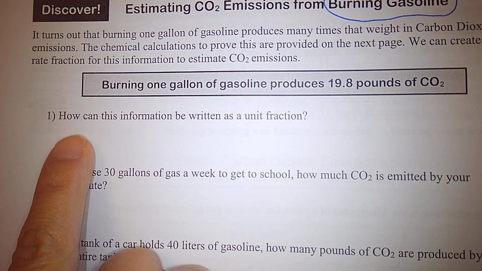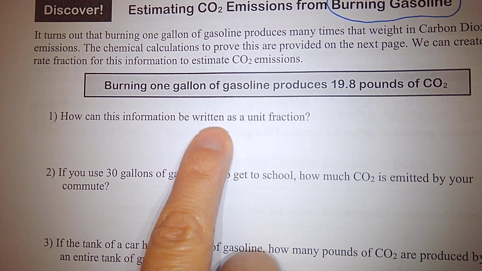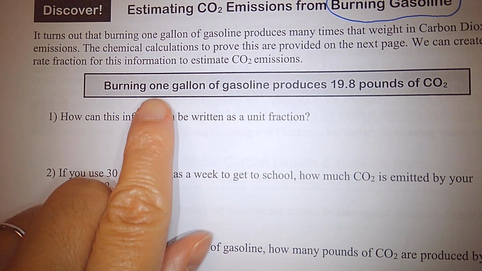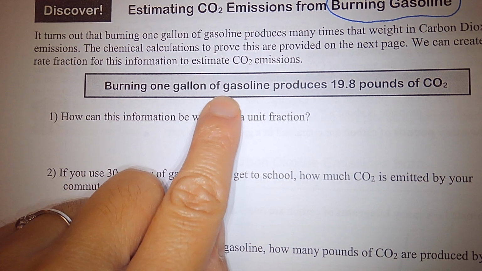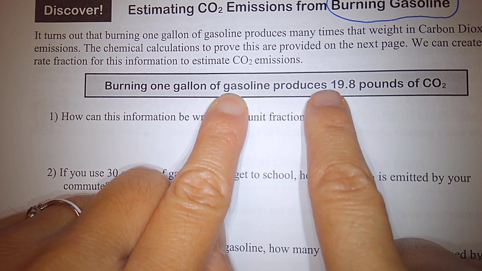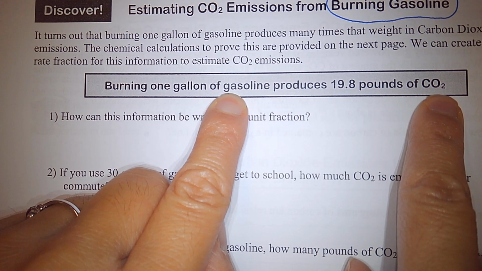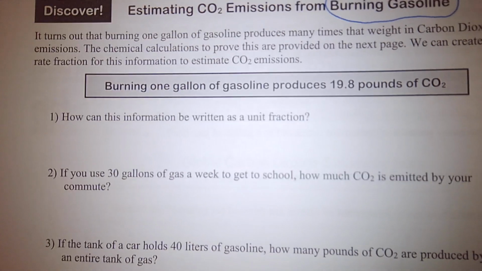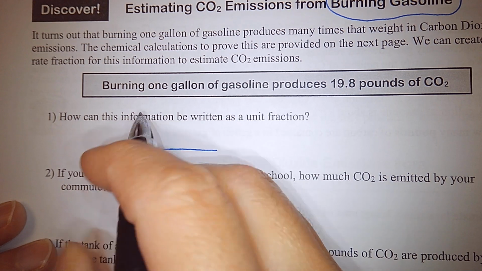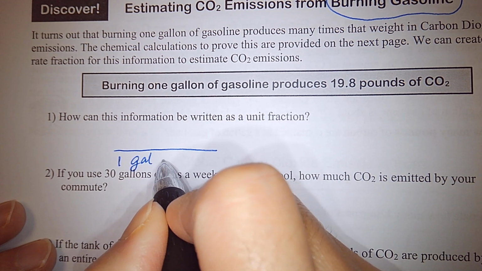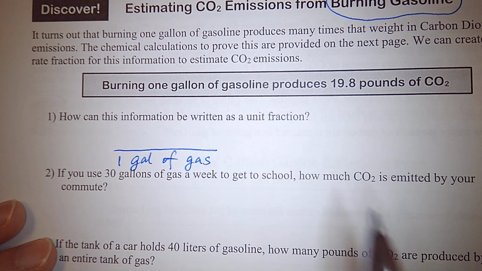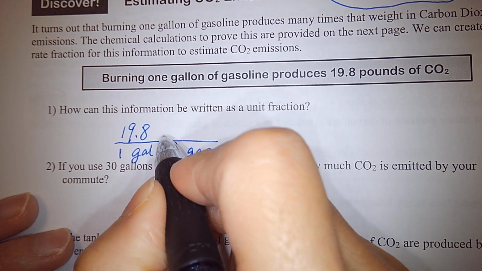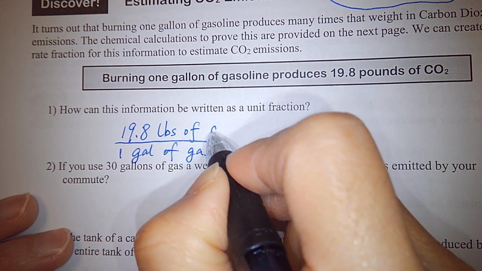So question 1, how can this information be written as a unit fraction? 1 gallon of gas will produce 19.8 pounds of CO2. Can we translate this sentence by using a unit fraction? 1 gallon of gas will produce what? 19.8 pounds of what?